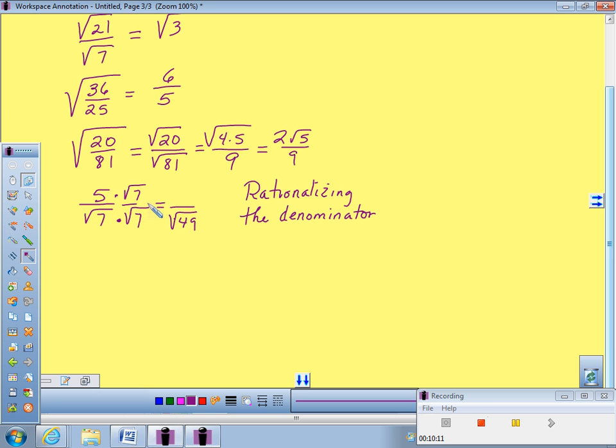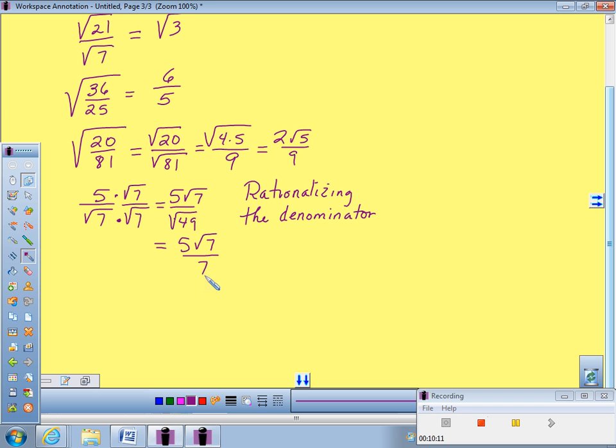So that we're actually doing the square root of 7 over itself, which is 1. So I'm actually going to end up with 5 times the square root of 7. And now I can simplify the square root of 49, and I'm left with 5 times the square root of 7 over 7. Not terrible, but a bit of a pain. You'll get used to it because we do it pretty frequently.